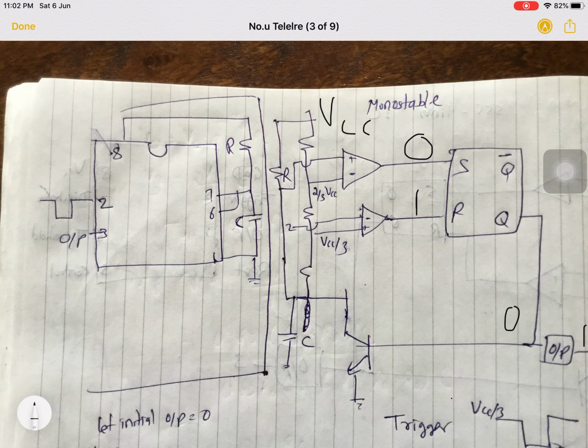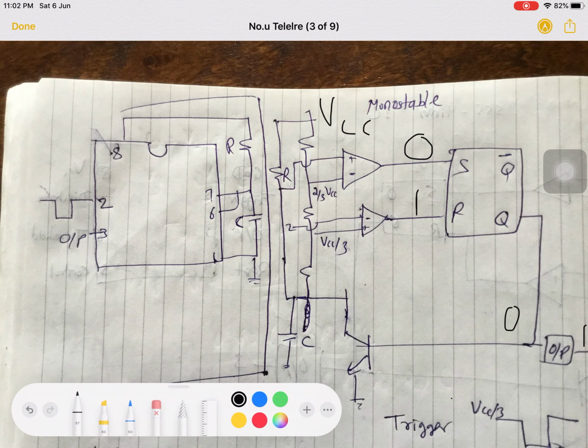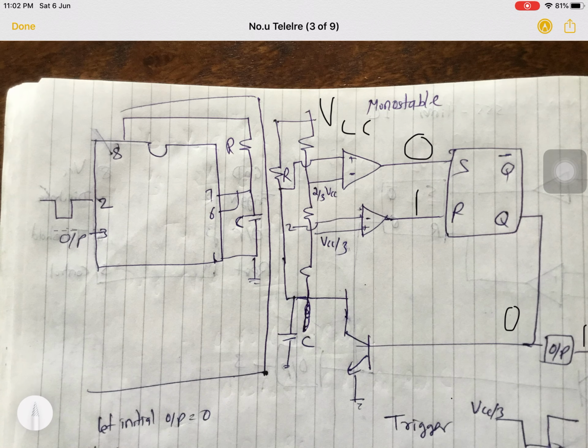Now as the capacitor voltage is increasing, one more thing. The duration of the trigger time is quite less compared to the output pulse.